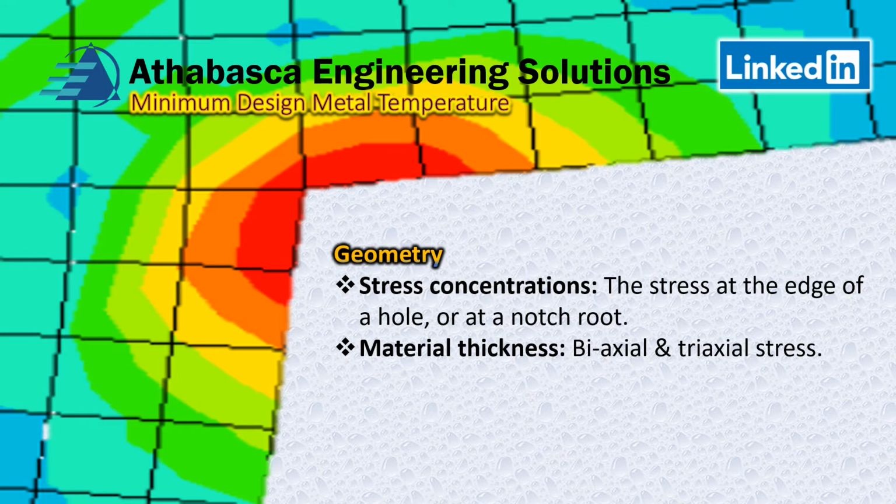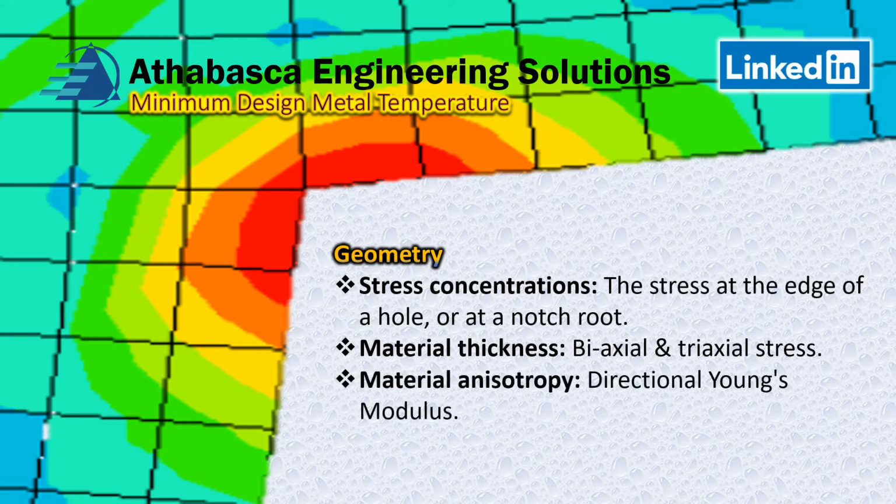The other one is material anisotropy, and that has to do with whether the properties of a material are the same in all directions. That's something to be aware of, and good steelmaking practices so that you have a uniform grain structure in all the directions certainly help.